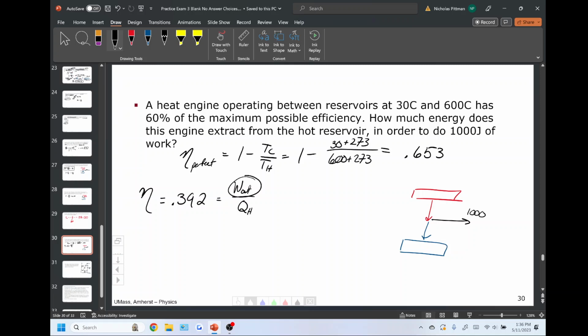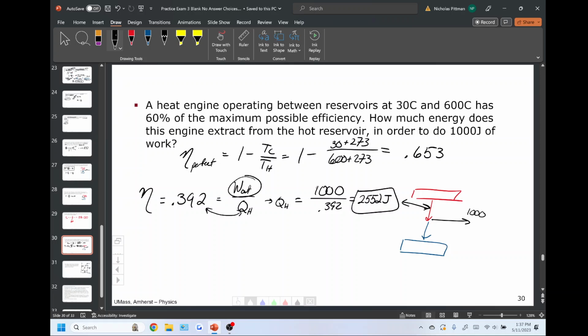Work out is 1,000, so we can just move Q hot to the other side and 0.392 to the other side. And we get 2552 joules is extracted from the hot reservoir.